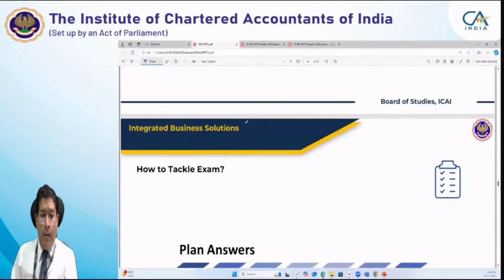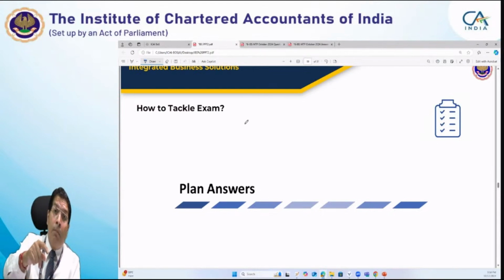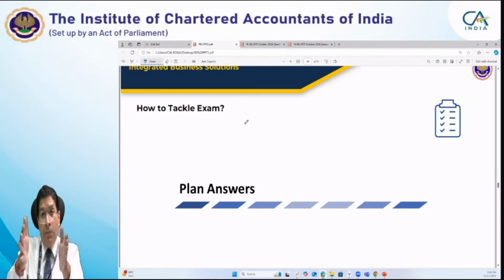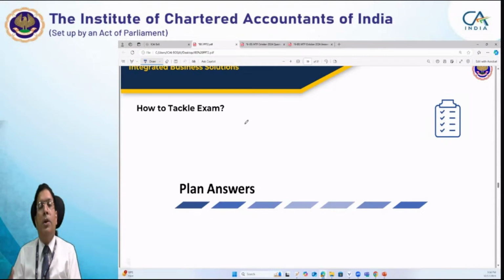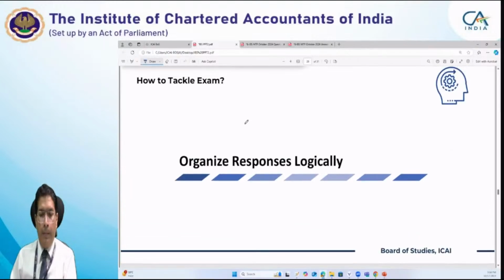Next, plan your answer. When I was writing, it was my planning stage. I was planning for the answer. Try to capture all keywords in your answer sheet, and then connect them based on the requirement of the question. Try to write the answer logically.